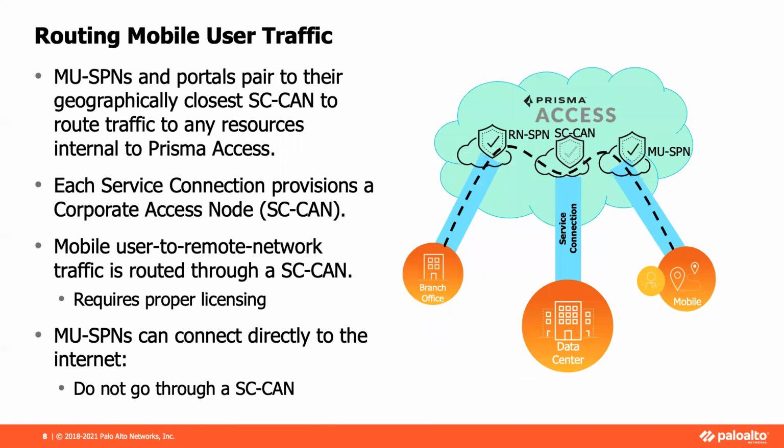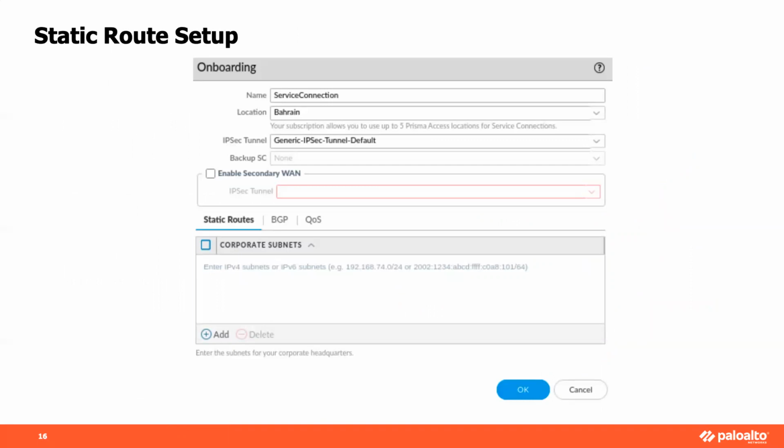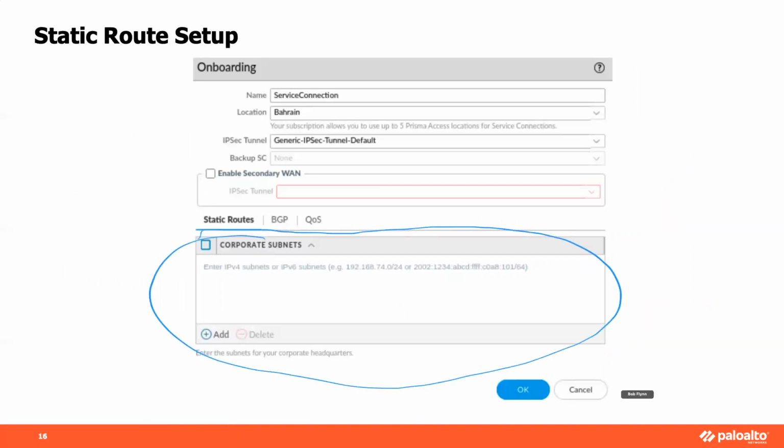Let's say network X, and what IPs are available, say at a data center, say network Y. And we can advertise those using static routes and just tell Prisma Access when we deploy a service connection or a remote network what subnets are available in that connection.